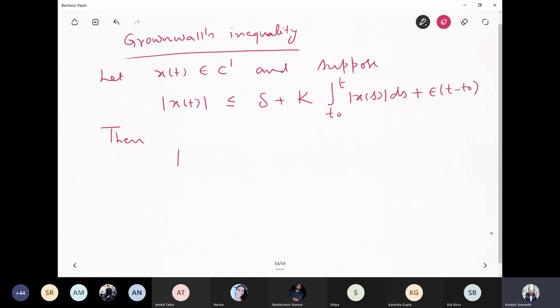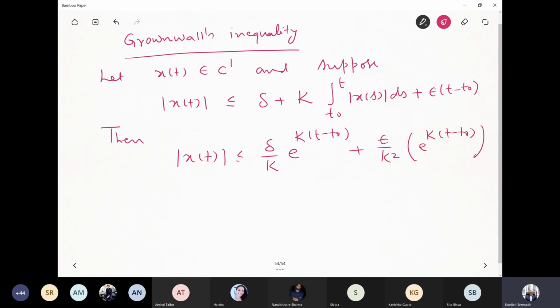the following is true. |x(t)| is also going to be less than or equal to delta by k into the exponential of k into (t minus t naught), plus epsilon by k squared into e power k (t minus t naught).